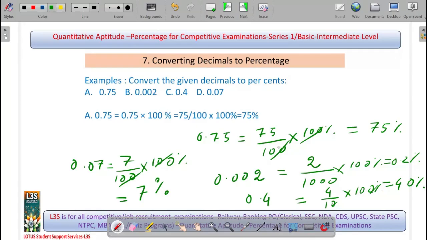Another way you can do it: multiply the decimal by 100 and add the percent sign, because you can see here 0.75 into 100 is equal to 75. That will be 75%. That is another tip, or you can do it in detail like the way I have done.